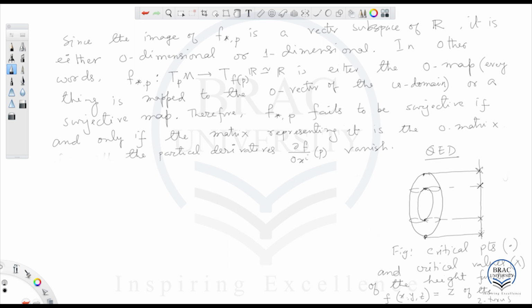Okay, right? So x, y, z are points on the torus, on the two torus, and these images are the image of f in R, right?